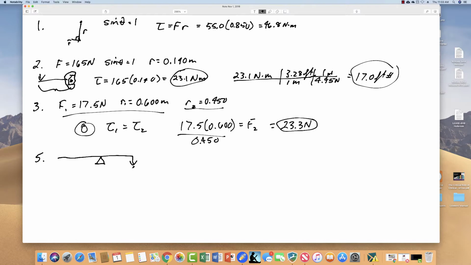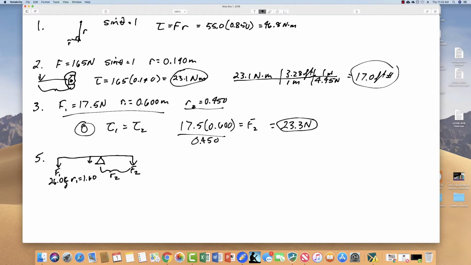The larger child, we'll call F2, and this distance we want to find is R2. The smaller child is over here, F1. This distance, R1, is equal to 1.60 meters, and the larger child has a mass of 26.0 kilograms.